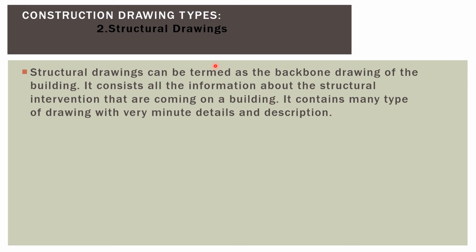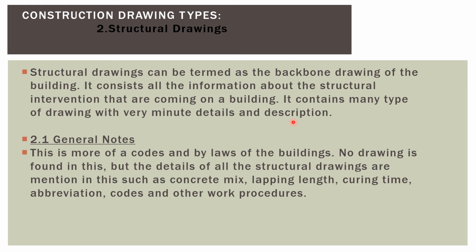So all these things come after finalization under the structural drawing. It contains many types of drawings with very minute details, and a very clear and detailed description is provided in the structural drawing.